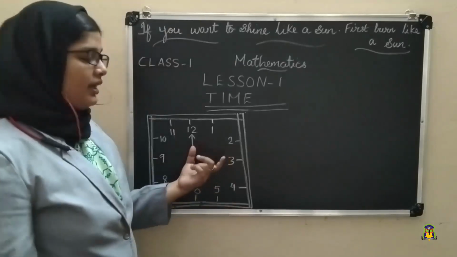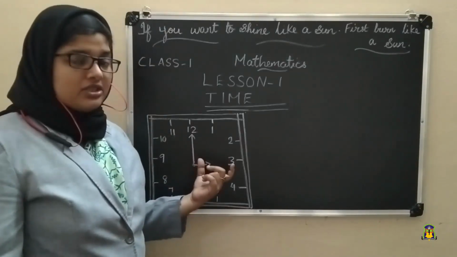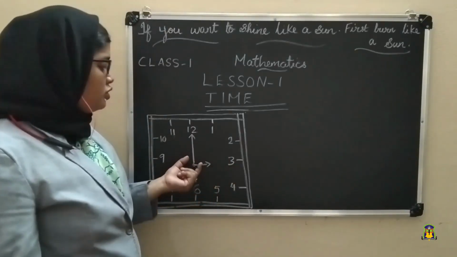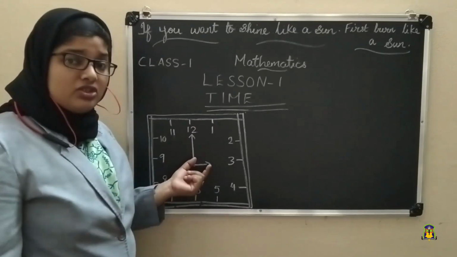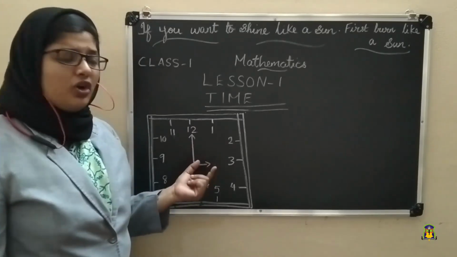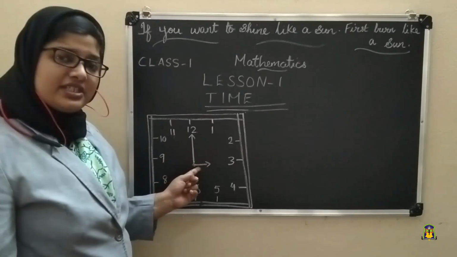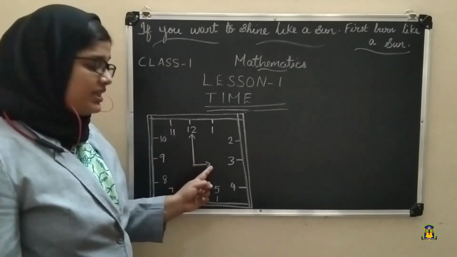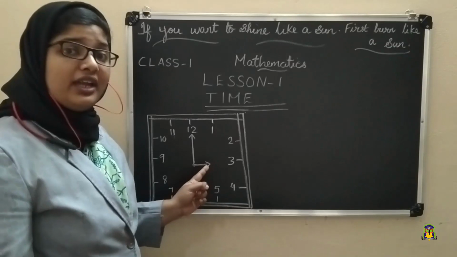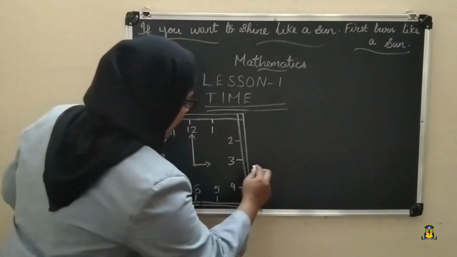So all of you look here. Here I draw a clock. You can see the two hands of a clock. Which hand is this? Short hand. So the short hand is also called the hour hand.